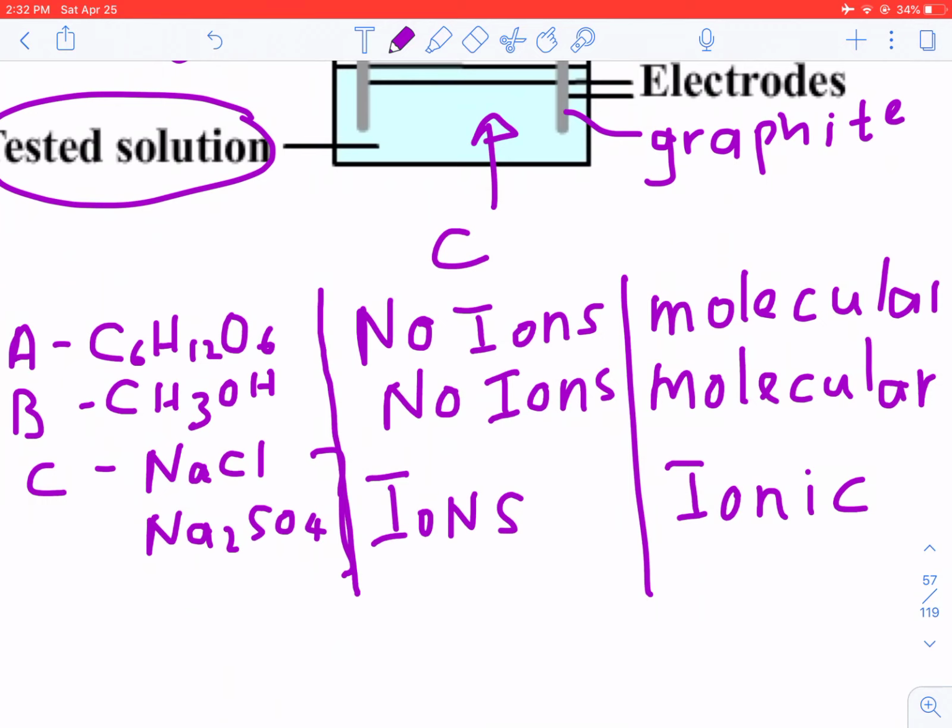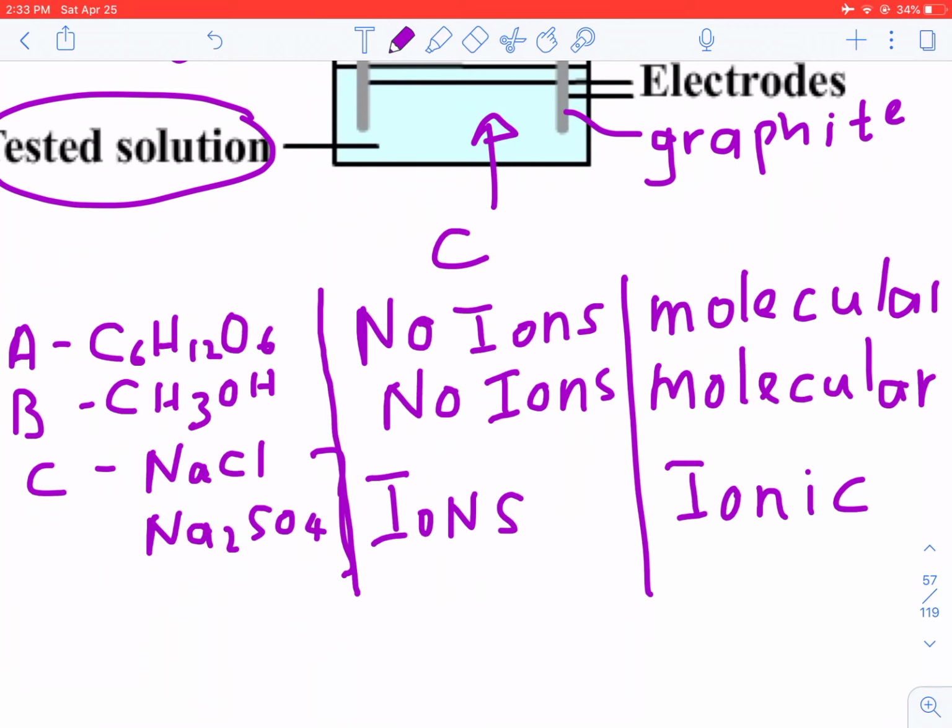We've dealt extensively with this in our earlier lessons. What are molecular substances or molecular solids, and what are ionic substances? The reason so much time was spent on it is because it has implications for when we're dealing with aqueous solutions.